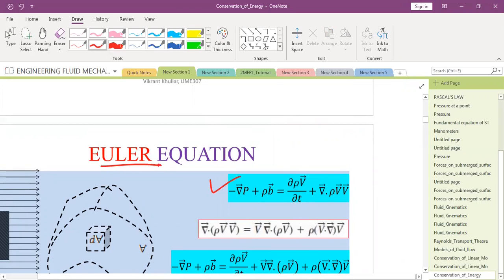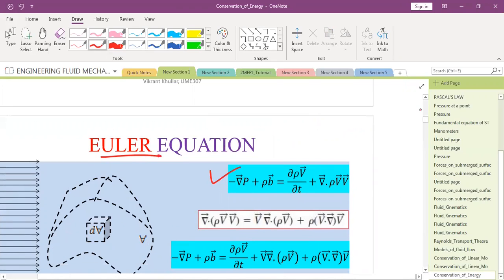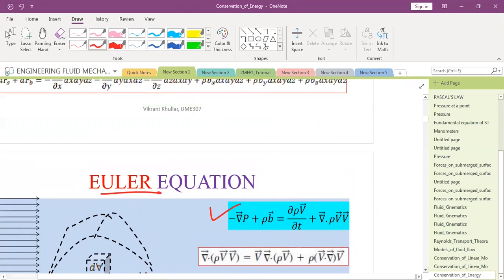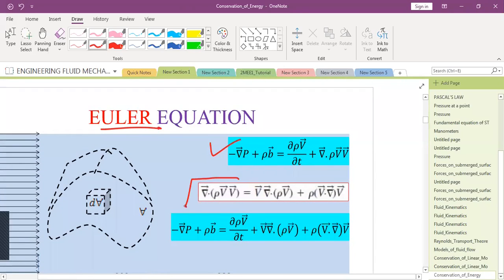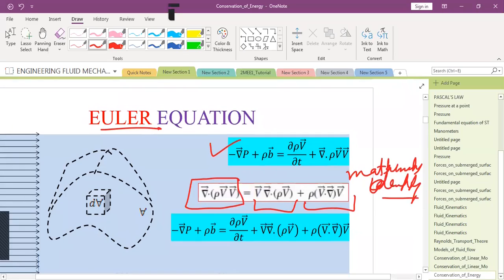I am making a small mathematical manipulation. I am putting this term equal to the sum of these two terms. So this is a mathematical identity. You will find the proof of this in any standard calculus textbook, so I will not go into details of this.